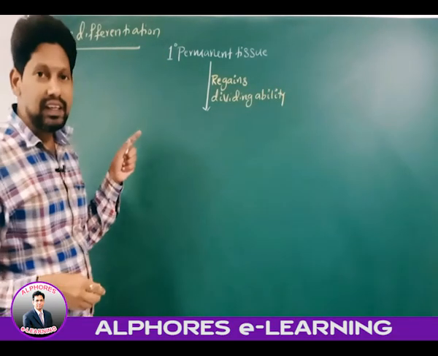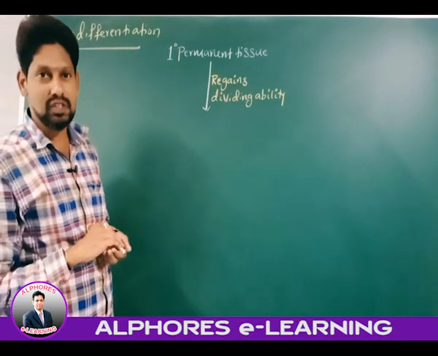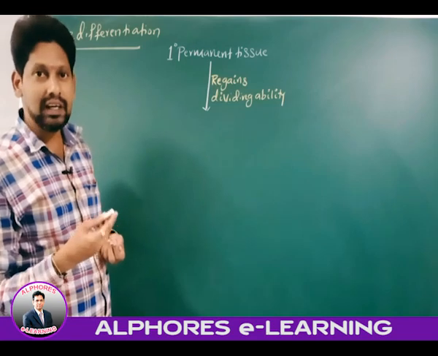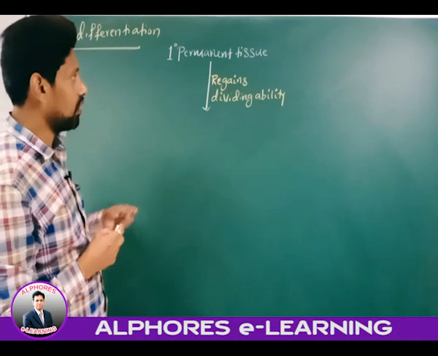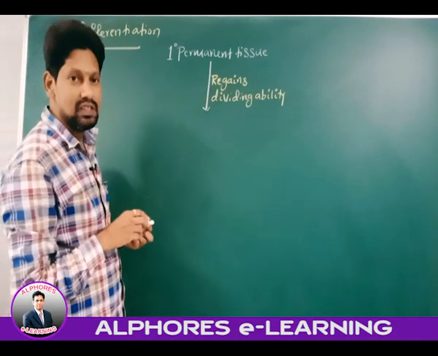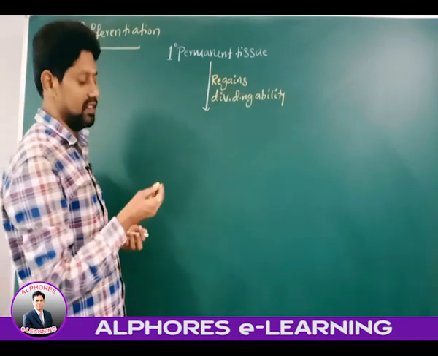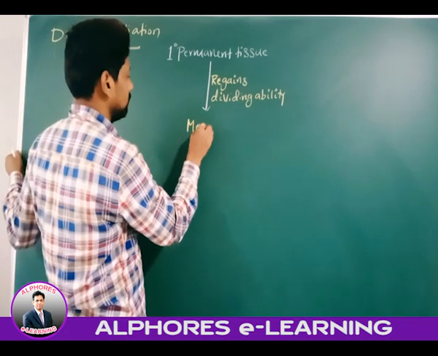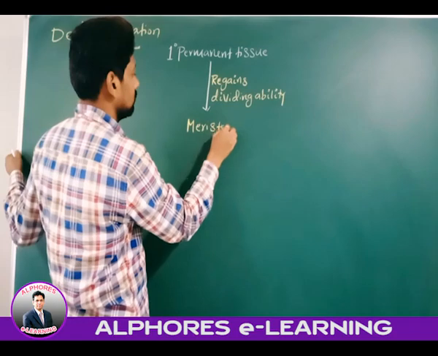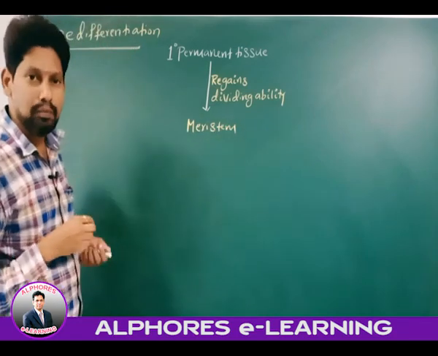If it regains dividing ability, it means now it can divide. Can divide means we should call it meristematic tissue. Therefore, when it regains dividing ability, it changes into what? Meristem.